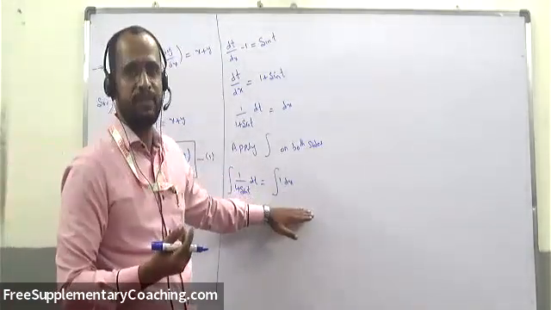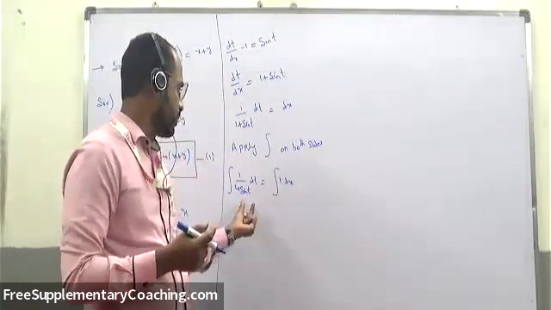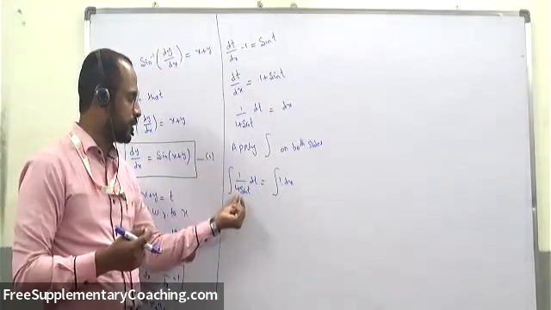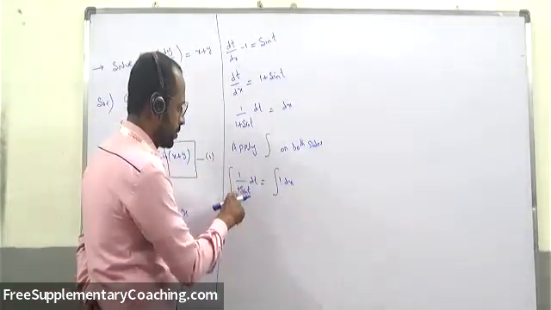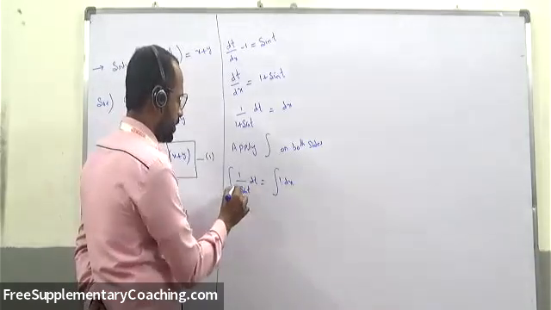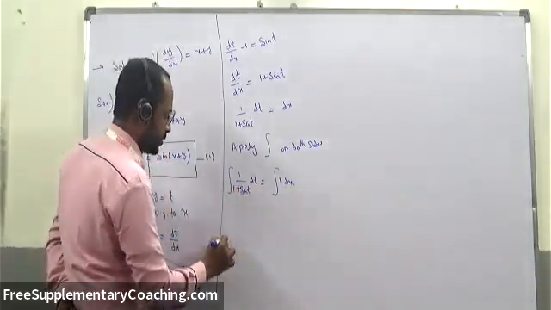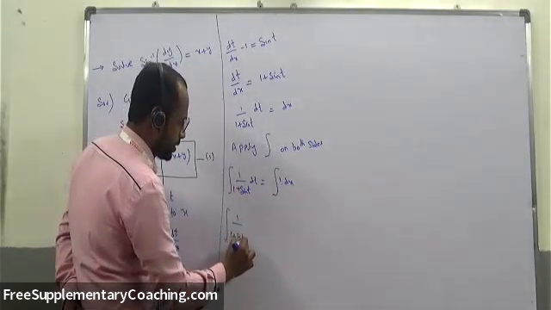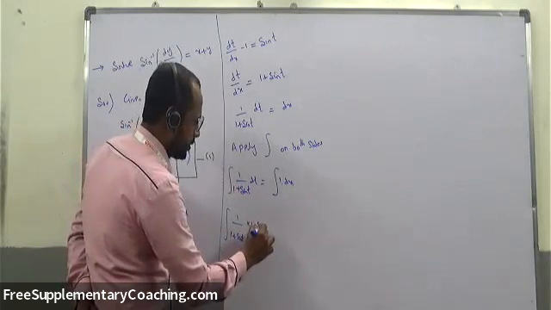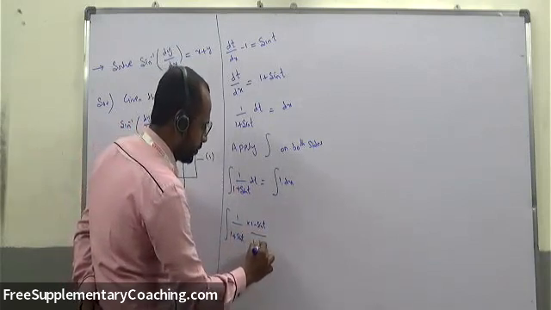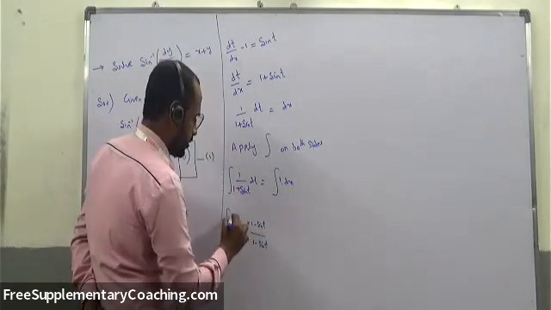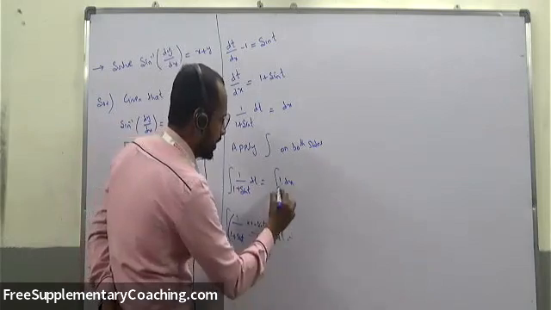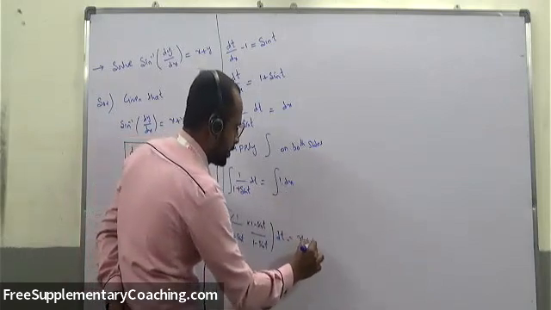To simplify the left side, I'm rationalizing the denominator of 1 plus sine t. So it becomes 1 by 1 plus sine t into 1 minus sine t by 1 minus sine t, into dt, is equal to x plus c.